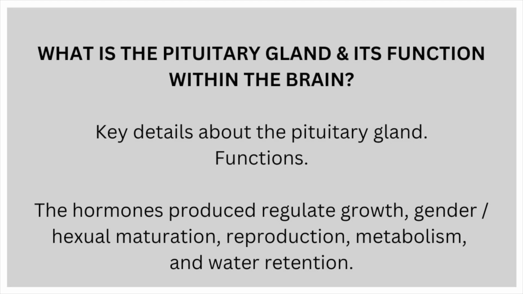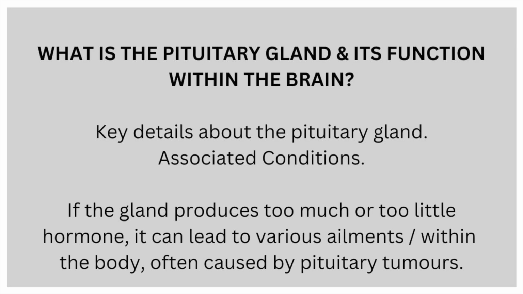Functions. The hormones produced regulate growth, gender maturation, reproduction, metabolism and water retention. Associated conditions. If the pituitary gland produces too much or too little hormone, it can lead to various ailments within the body, often caused by pituitary tumours.